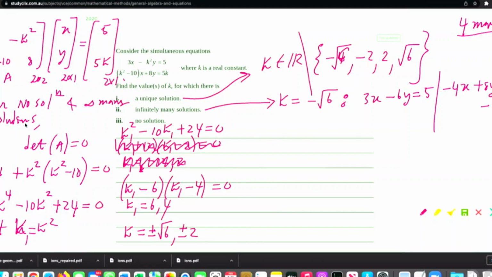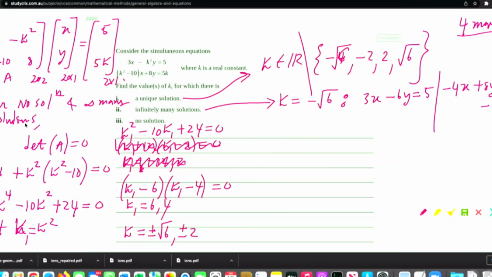Am I right? Yeah, should be. But is there any matching here? Look at the gradient.